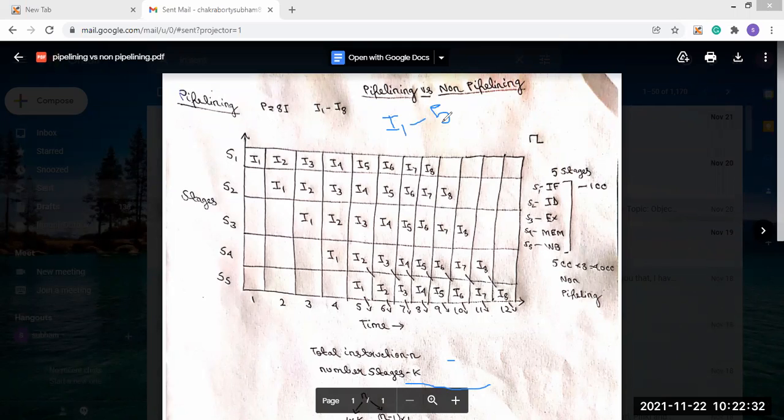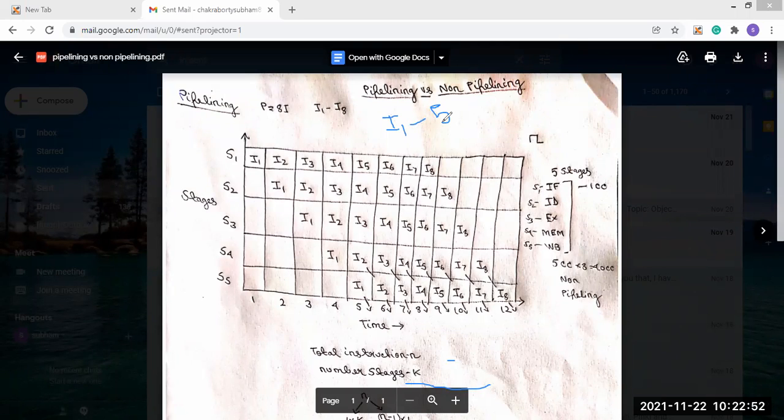That means to execute each instruction, we require 5 clock cycles. So how many instructions are there in total? 8 instructions.